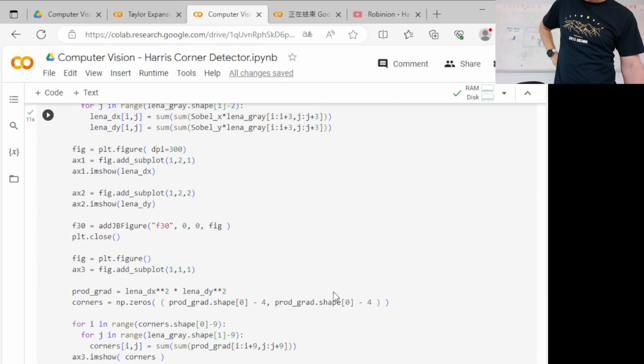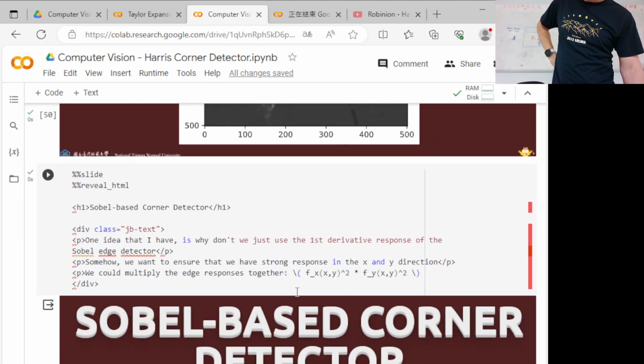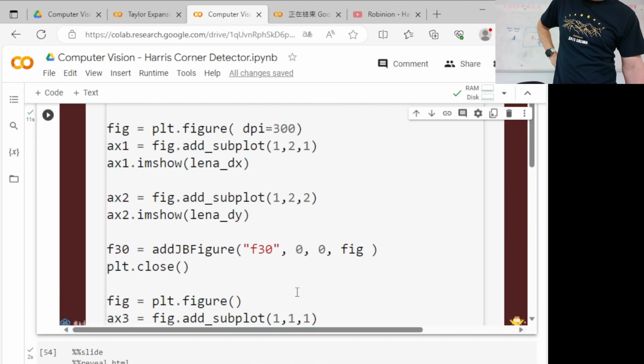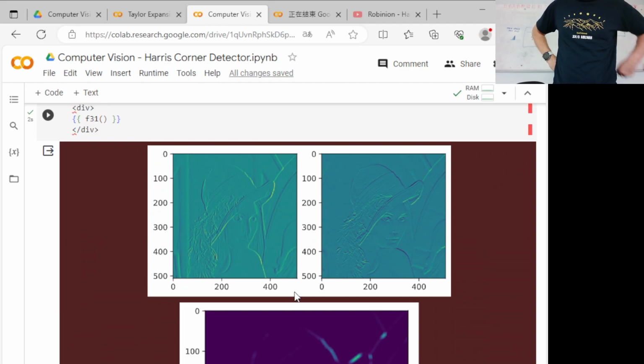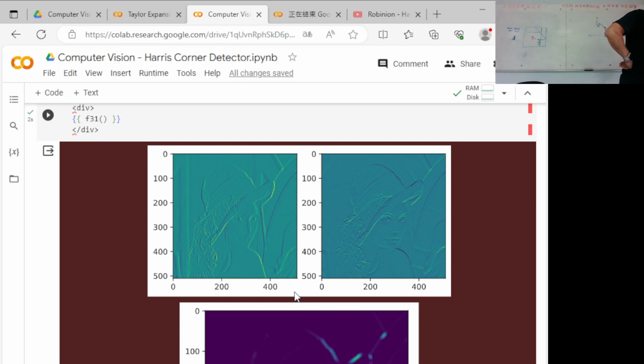For horizontal and vertical edges only, the algorithm works just as well as the Harris corner detector. There's no difference really. It will find all the cross points. But the 45-degree slope lines will cause a problem, that's true. Because then you do get a little bit of an edge in x and a little bit of a gradient in y, so you get a strong response in both of them.